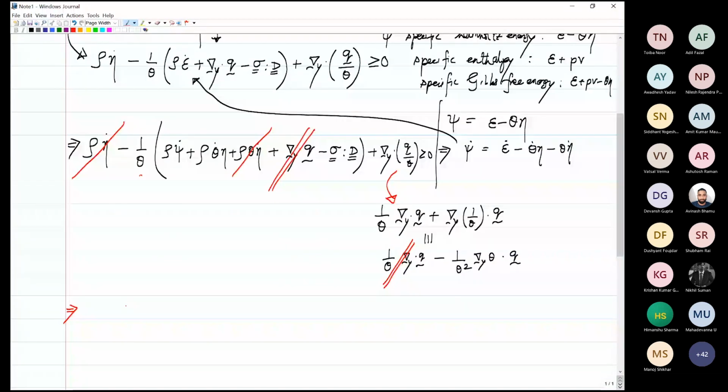So finally, further, let us multiply by theta, the temperature, everywhere.